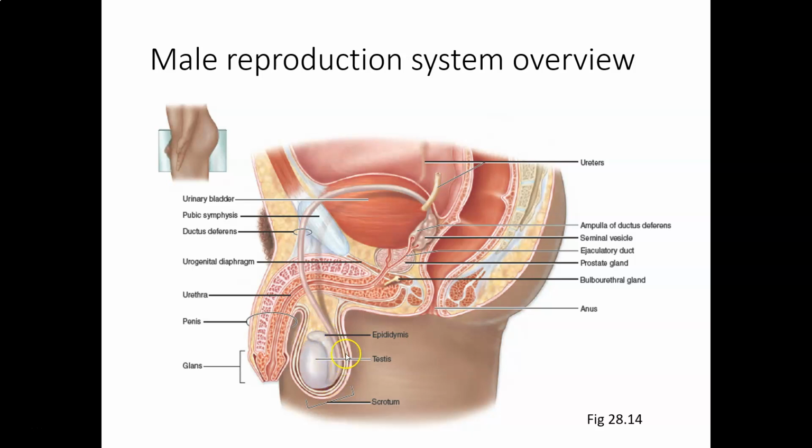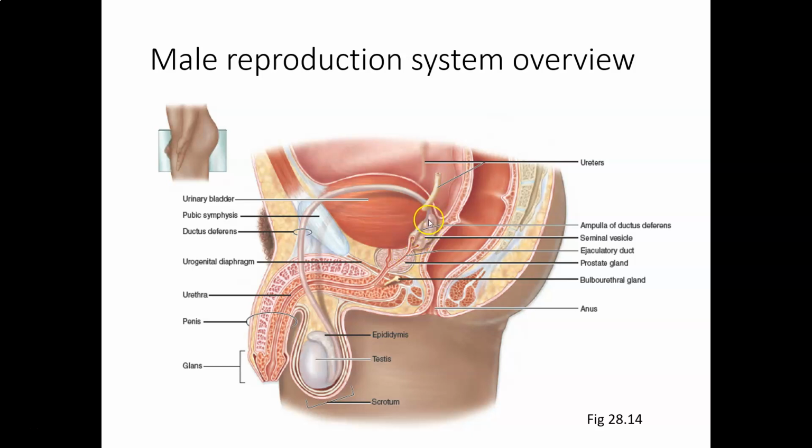And then from there, it's going to be connected through those ductal systems. This one is called the ductus deferens, right? Then connected to the male urethra. Actually, you have a merge of the urethra here.